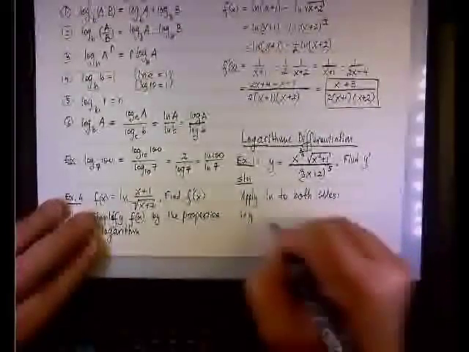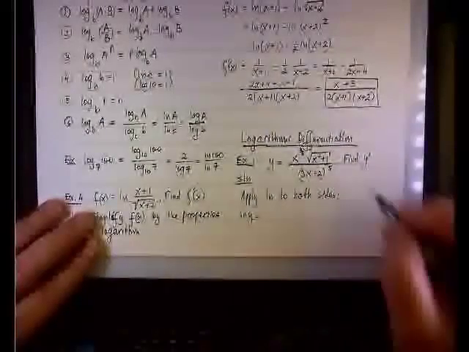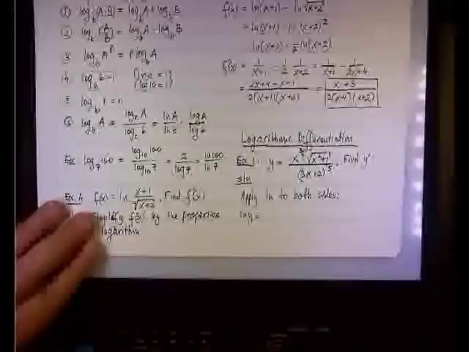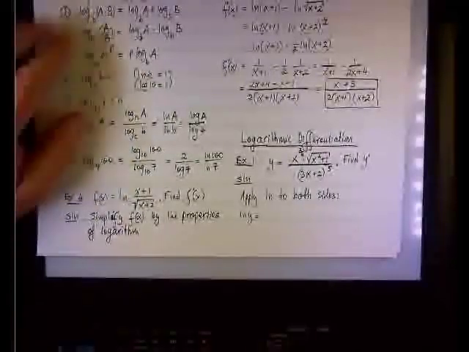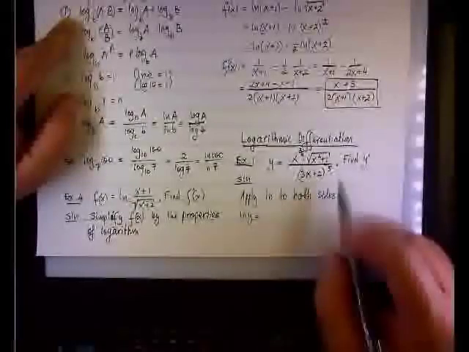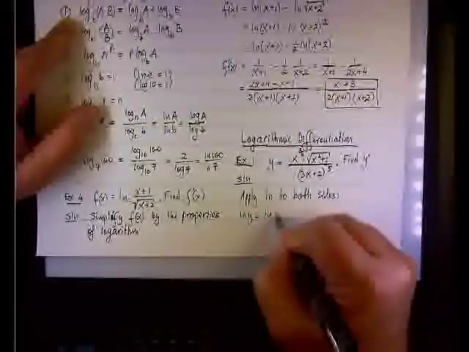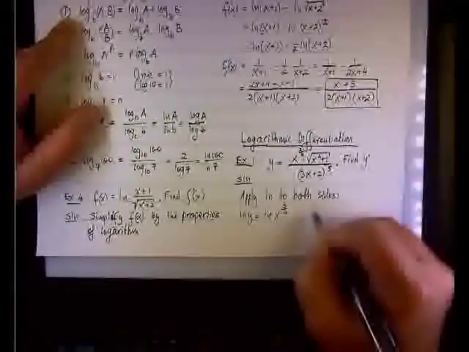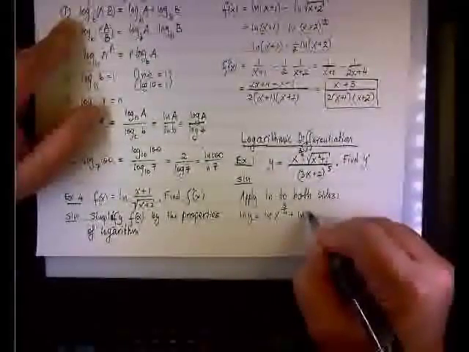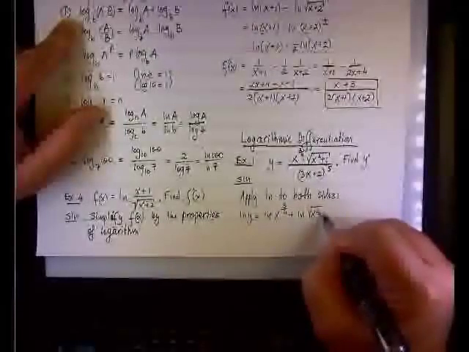On the left side we'll have the natural log of y. On the right side we're going to have the natural log of this cluster. But we have a product and we have a quotient. So on the right side, I can write it as the natural log of x to the 3/4, since I have a product, plus the natural log of the square root of x squared plus 1.